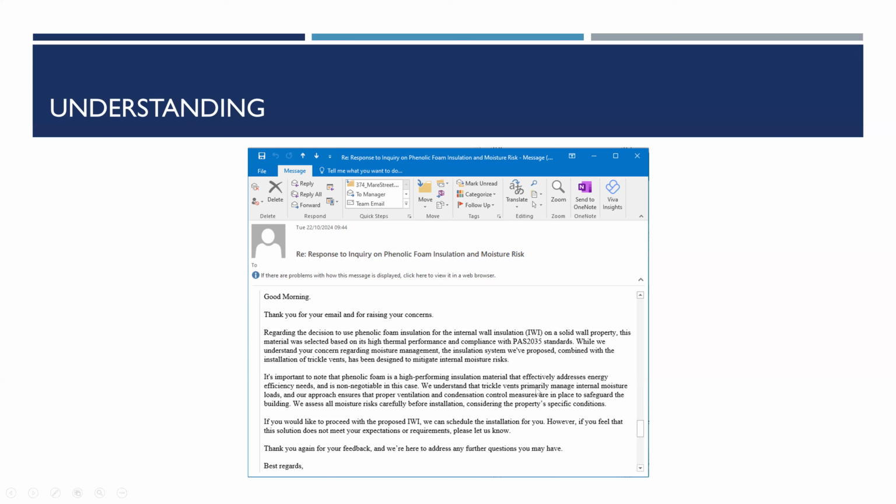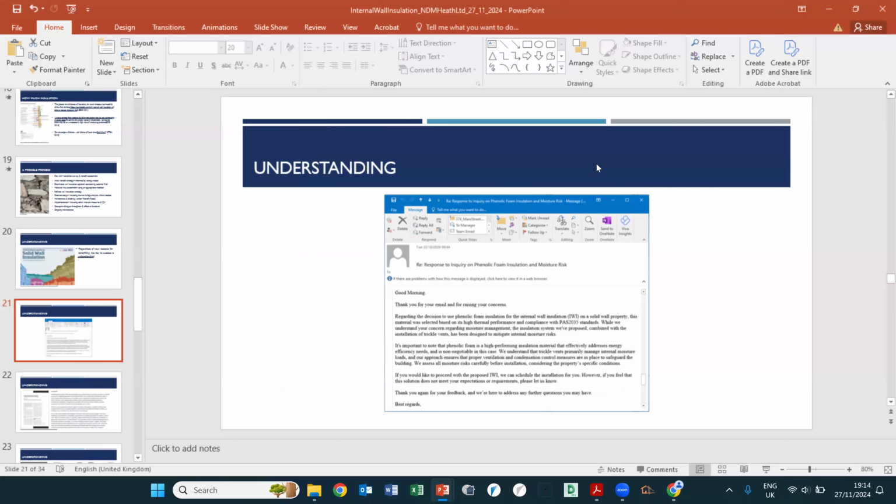Where they say we understand that trickle vents primarily manage internal moisture loads, they should really be saying we don't understand ventilation. Our approach ensures that proper ventilation and condensation control measures are in place. We assess all moisture risks carefully, but if they do, they're clearly using the wrong metrics, the wrong assessment method. So there are plenty of risks around, unfortunately, for lots of different building types, not just the posh stuff.